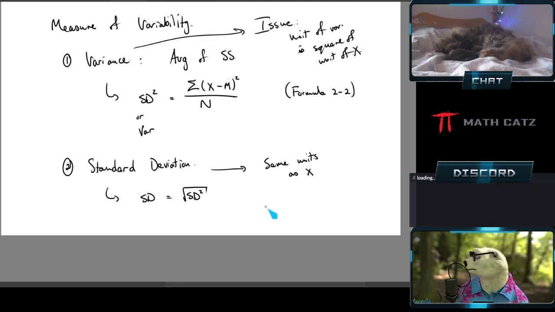The best interpretation I have for the standard deviation is simply that it's an indication of how scores are spread around the mean, just like the variance is. But we'll soon find out that the standard deviation having the same units as x is just much easier to use in a future calculation.